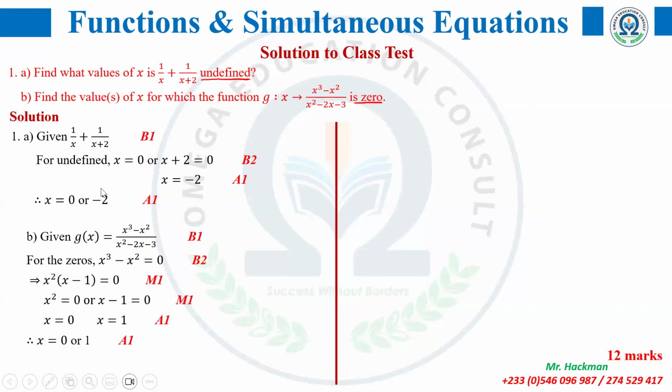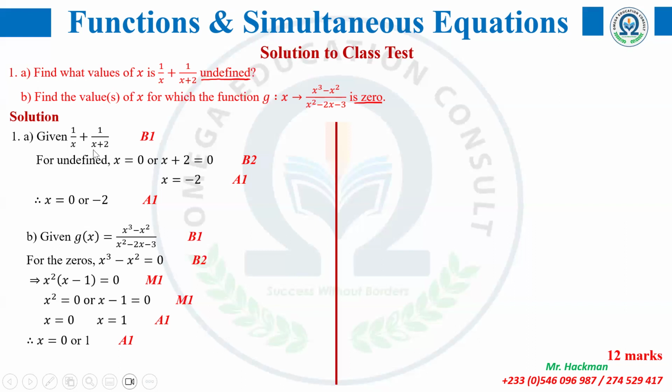So for the undefined command, I've told you that anytime you have fractions, for your entire fraction to be undefined, at least one of the denominators should be 0, or both should be 0. So you set each of the denominators containing your variable to 0. So in this case, it means for this fraction alone to be undefined, s must be equal to 0.